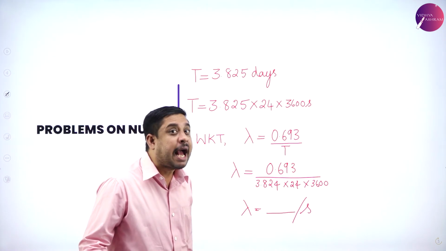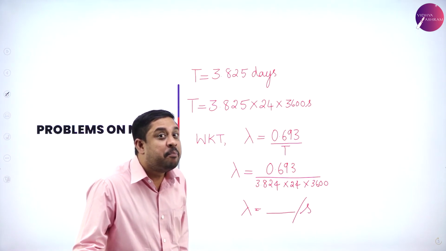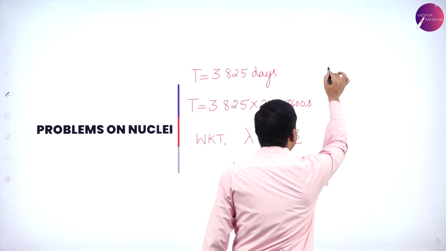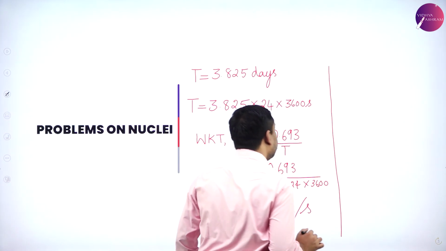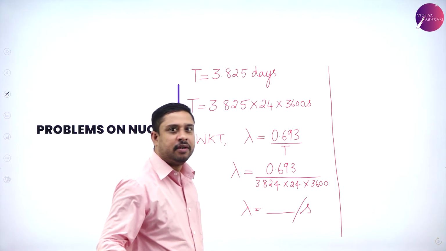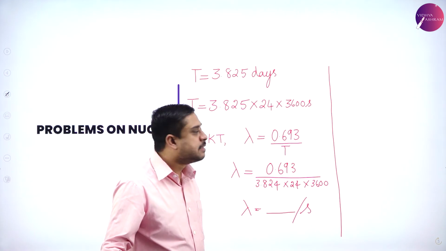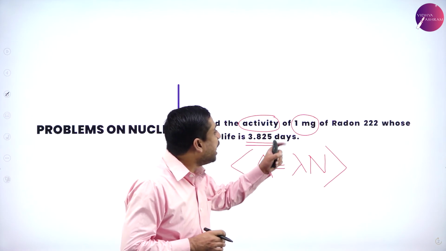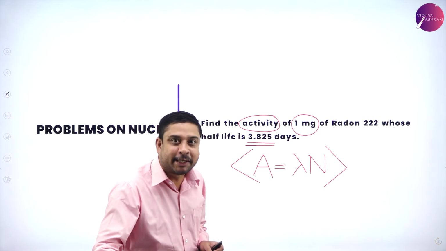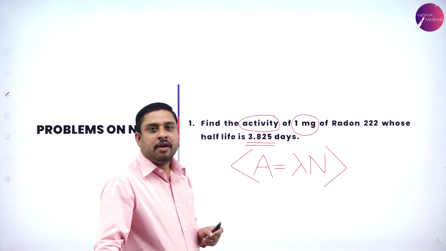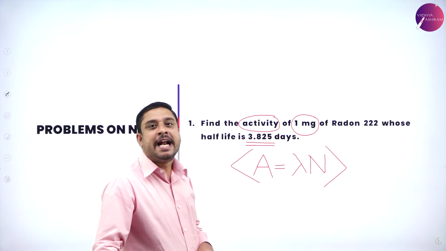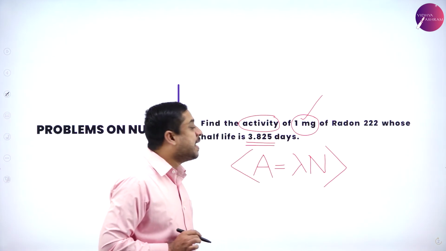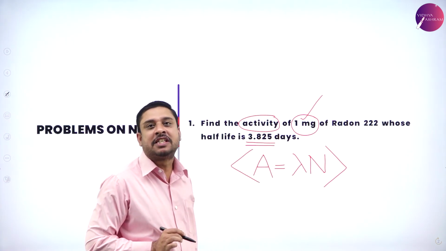Now I have to calculate the number of atoms in the sample. The given sample is radon 222, from which I am calculating the activity of 1 milligram of the sample.